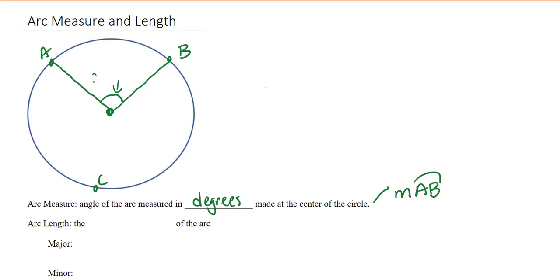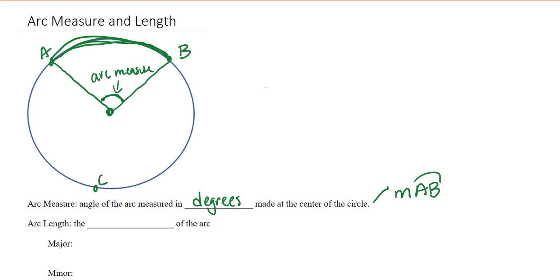So that would be the arc measure. It's between A and B, right? We're talking about this arc here, but we're talking about it in terms of degrees made at this angle here.